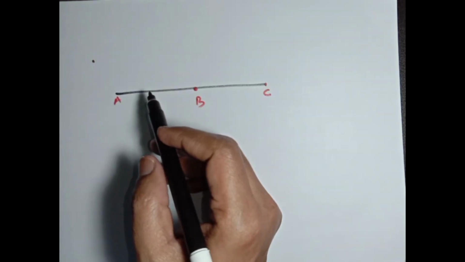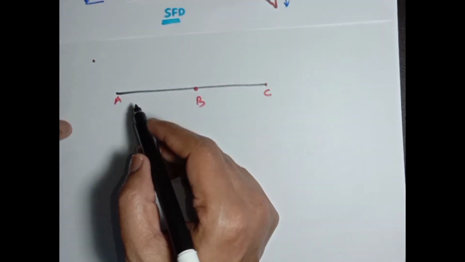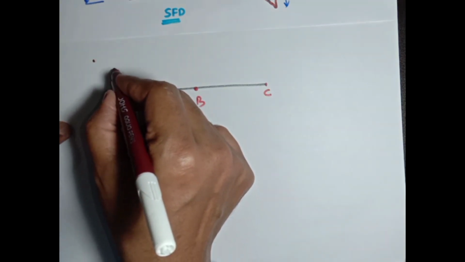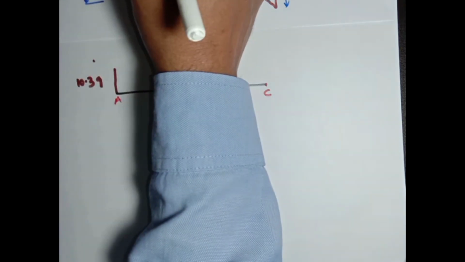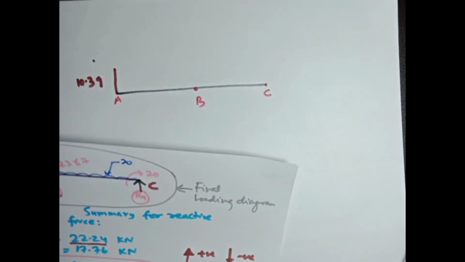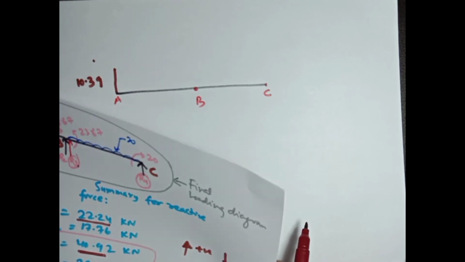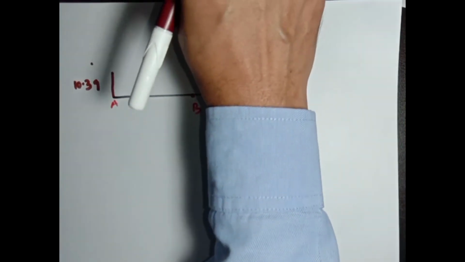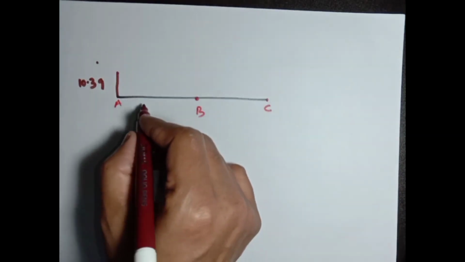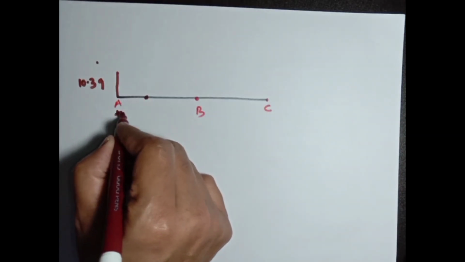Here there is a fixed end moment of 10.39, so we will draw a value of 10.39 in this direction. We have calculated the span moment for this beam, which is a value 11.85 at a distance of 1 meter from this.